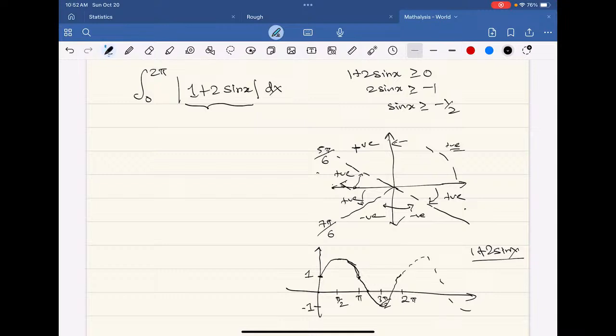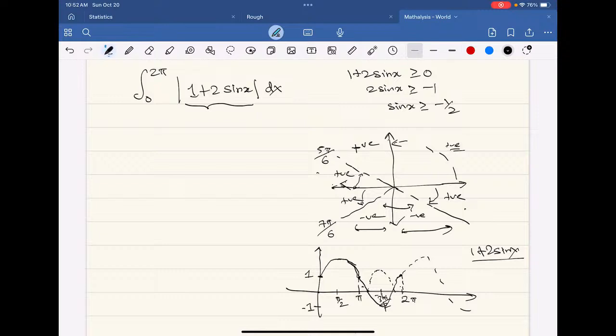So now up to the 2 pi, there's this area. Definitely these two areas should be equal, right? You can see that. And also, what about this area? These two areas are also symmetric, right?